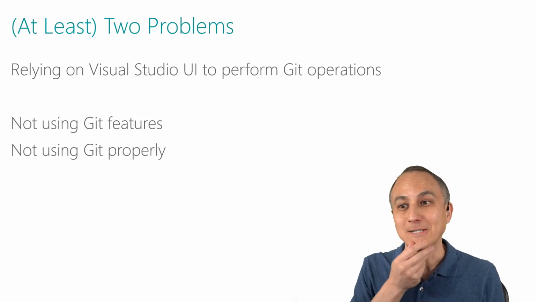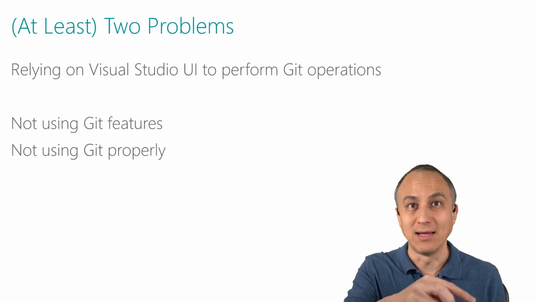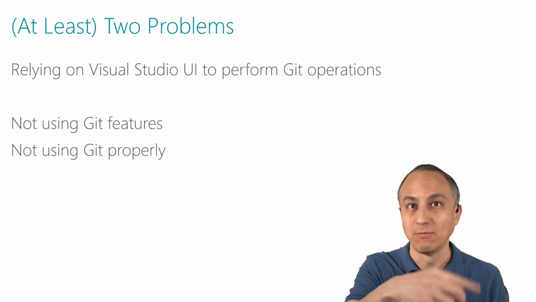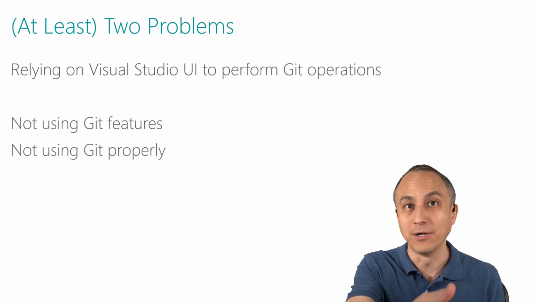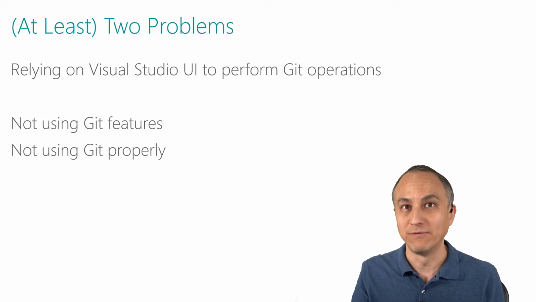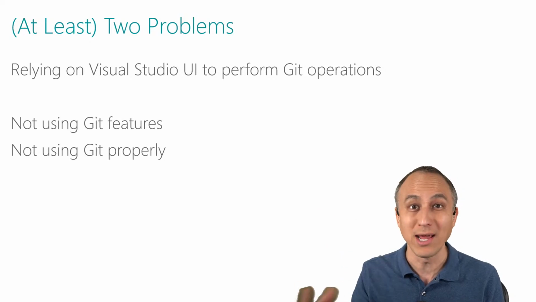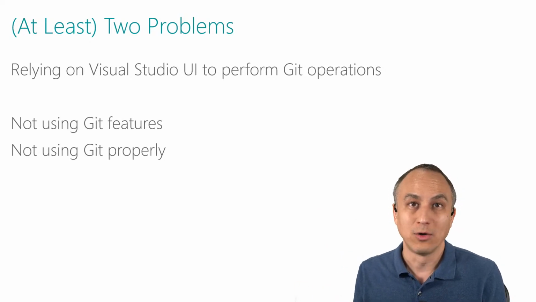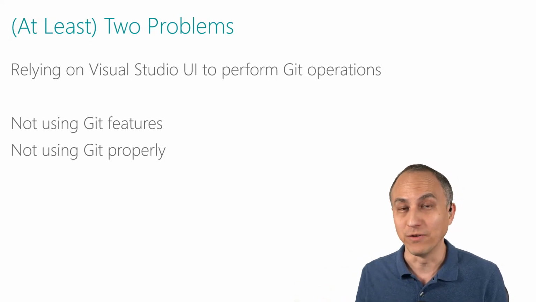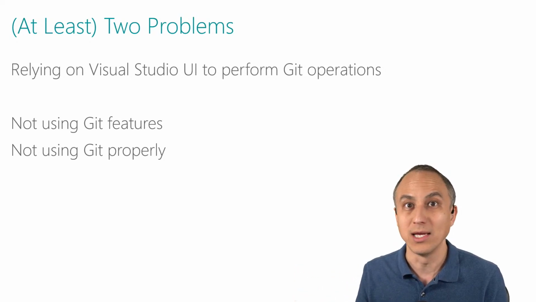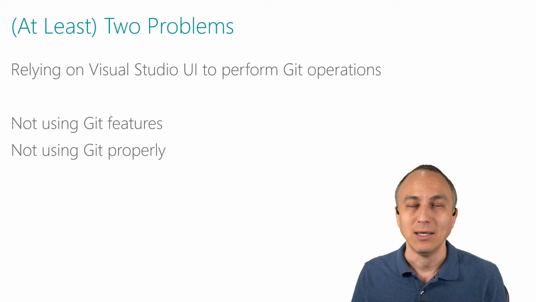I can't go fix that issue and prepare a new release because I'm in the middle of development. I didn't create a branch, so I can't switch back to my main branch. So I need to hurry up and get this new feature done, or get creative and roll back things, and it's just a mess.